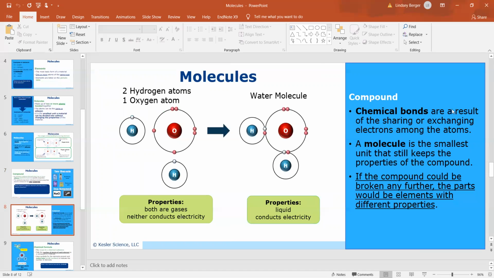So chemical bonds are when we share or exchange electrons. And so remember, a molecule is the smallest unit. So in this particular example, this is how we get water. We remember water is written as H2O. So we start with 2 hydrogens and 1 oxygen. Right now they're separate.